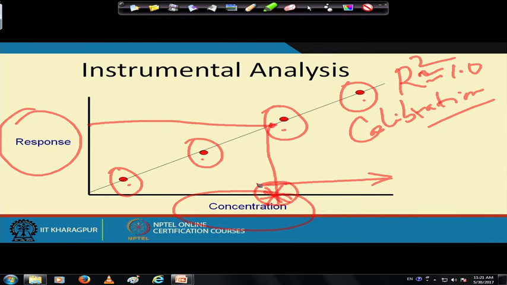Once you make your calibration curve using the different standards and come up with this best fit line, then you go for the unknown sample, you get a response, and then you have the concentration given to you. Because of computerization, for most of the analysis this happens in the background. You don't really see it happening. The software coming with your instrument does it for you, but you need to understand what is going on.